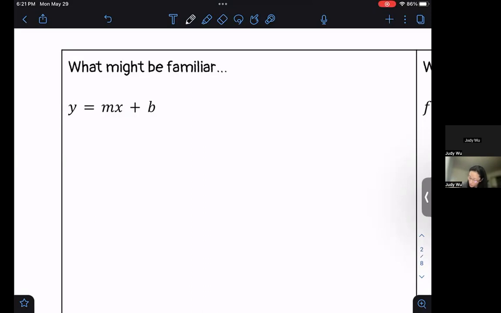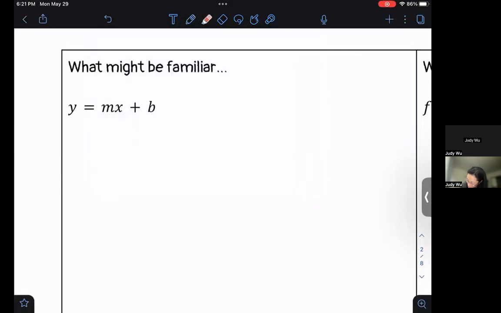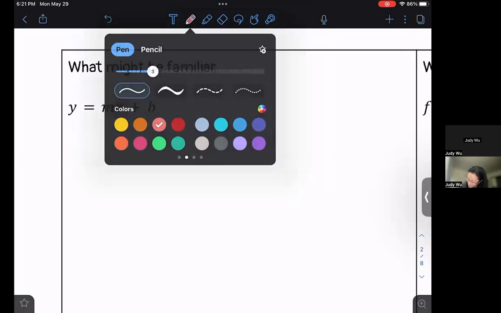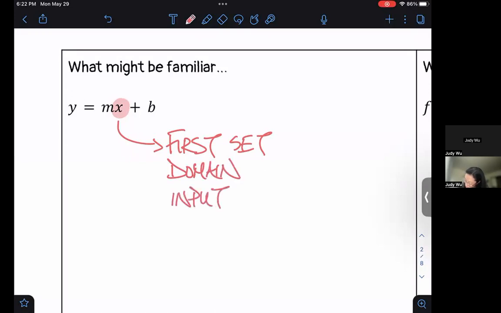But in the language that we're just using, let's get some colors going here. X is our first set, or our domain, or our input, or our independent variable.